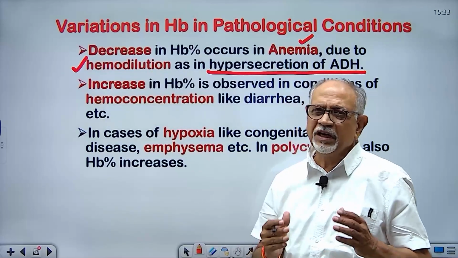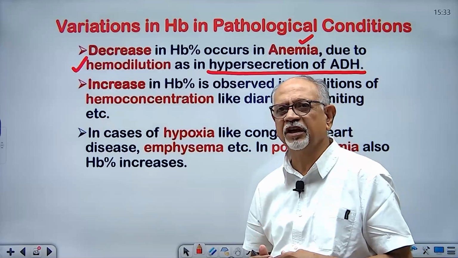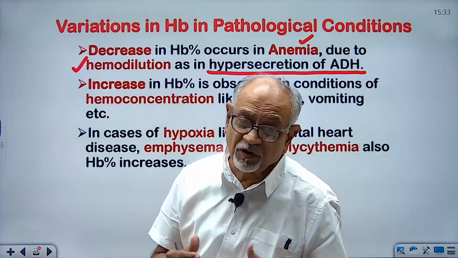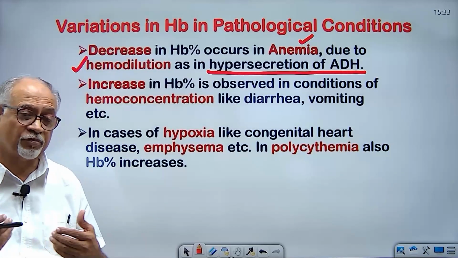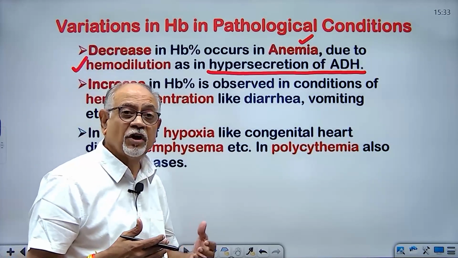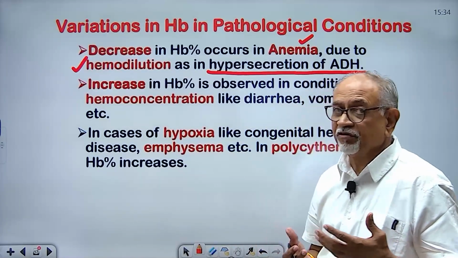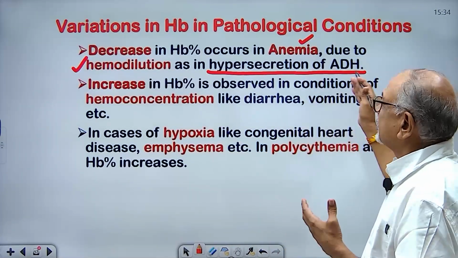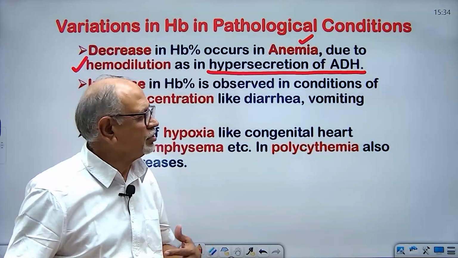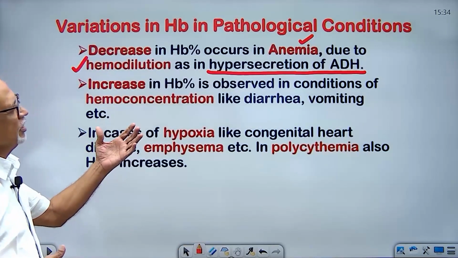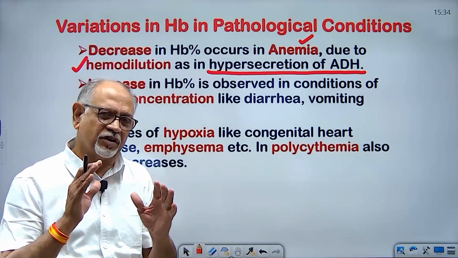You know, ADH is a hormone secreted from the posterior pituitary, and it maintains osmoregulation by increasing the absorption of water from the kidney. So, if there is hypersecretion of ADH, it will increase the volume of blood by dilution, and thereby decrease the concentration of hemoglobin in blood.